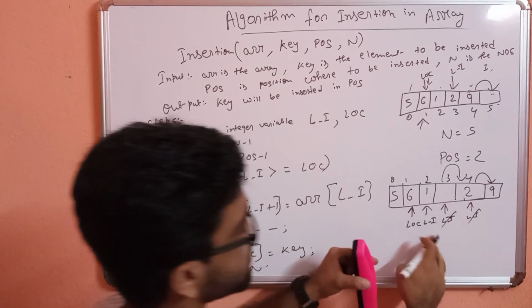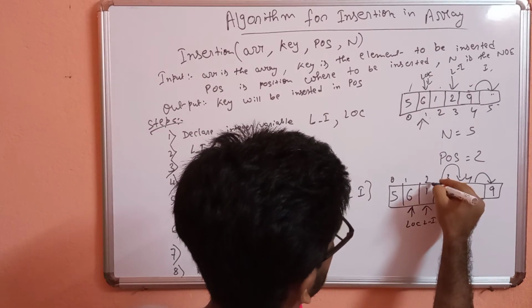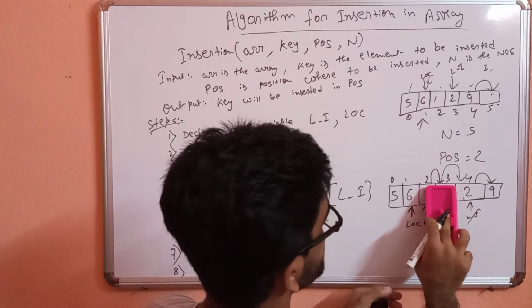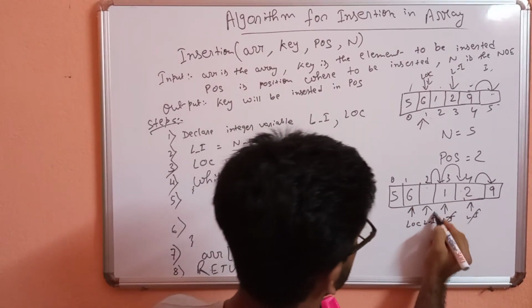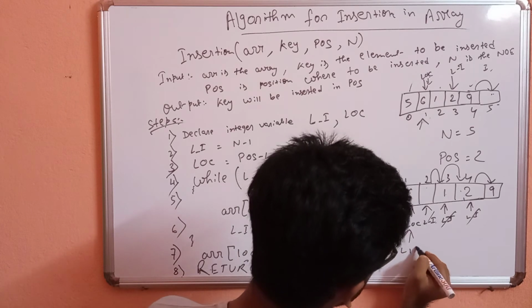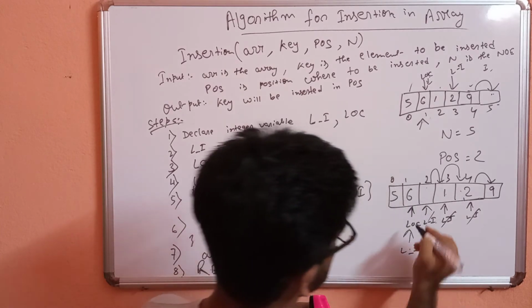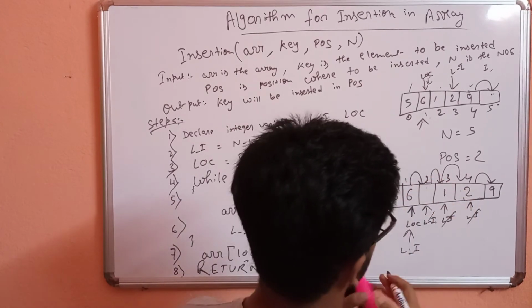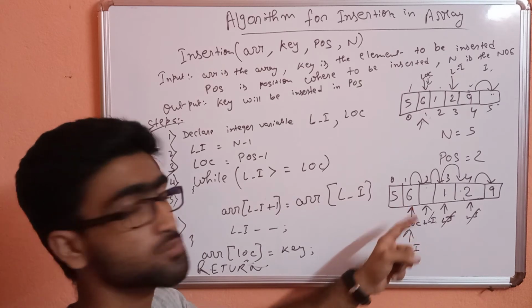I hope you can understand this little bit small space. Now this will come here, right? We are shifting all the elements to the right. Then again it will be decremented. Now li is pointing at the same position as LOC. LOC is pointing to the first position, li is also pointing to the first position.